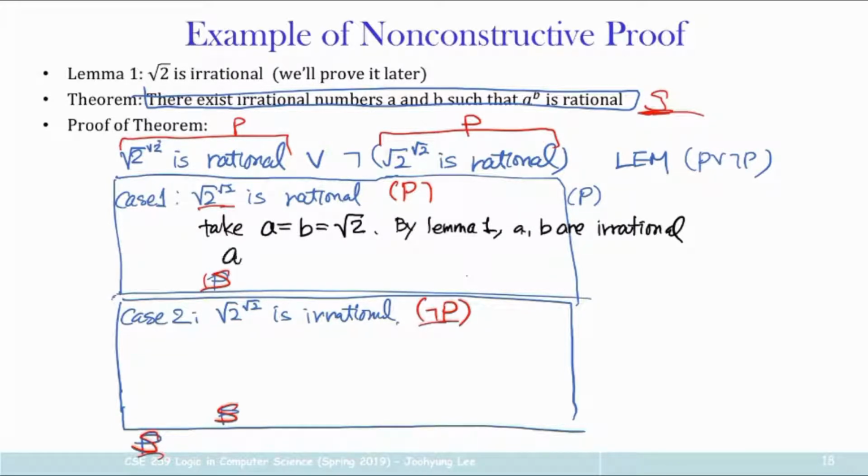Now what about a to the power b? This is square root of 2 to the power of square root of 2. Is it rational or irrational?